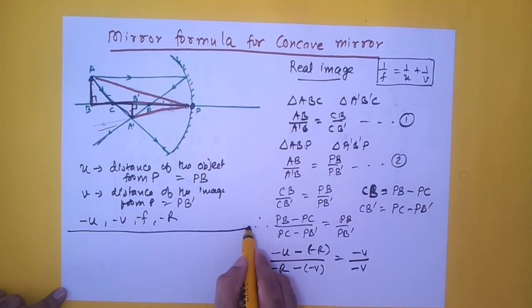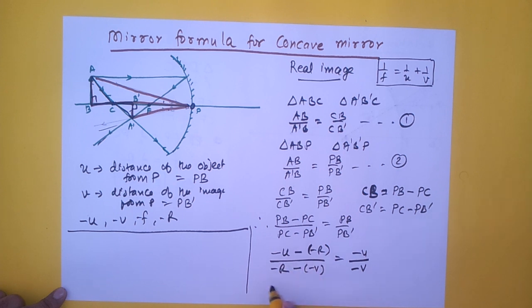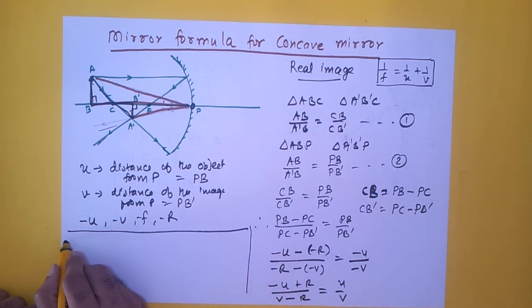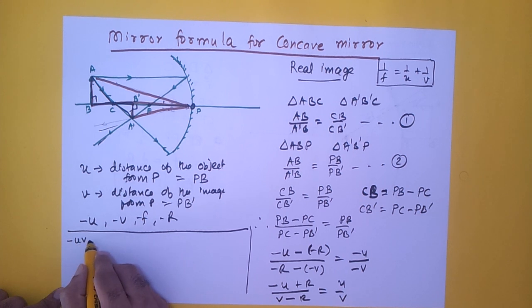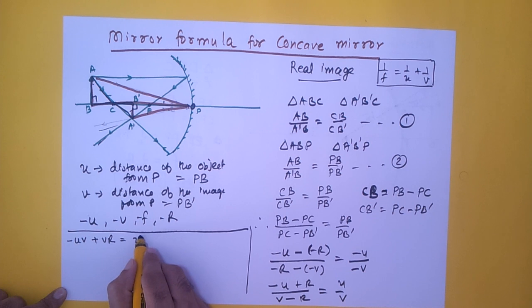And let me come over here. So what will happen? This will become minus U plus R upon V minus R is equal to U upon V. And therefore, if I open these brackets and do cross multiplication over here, I get minus UV plus VR is equal to UV minus UR.